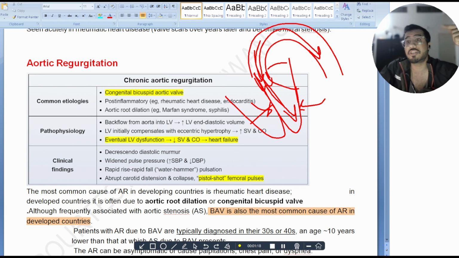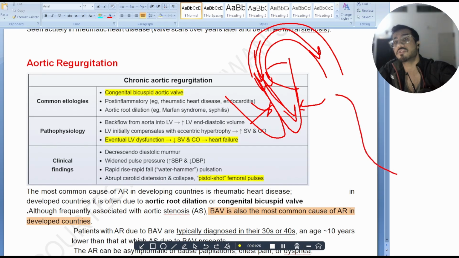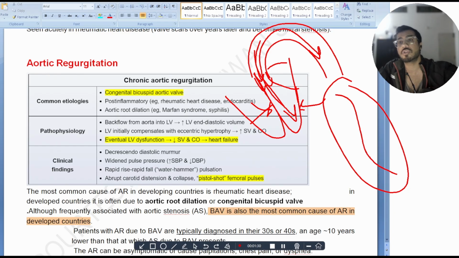So the regurgitation is maximum at the start when the ventricle is empty, and slowly it goes down. So the sound is going to be maximum at the start and slowly taper down. What is this called? This is decrescendo. So the murmur is going to be an early diastolic decrescendo murmur, and it occurs during diastole. You can say early diastolic decrescendo, or decrescendo diastolic murmur, it's the same thing.